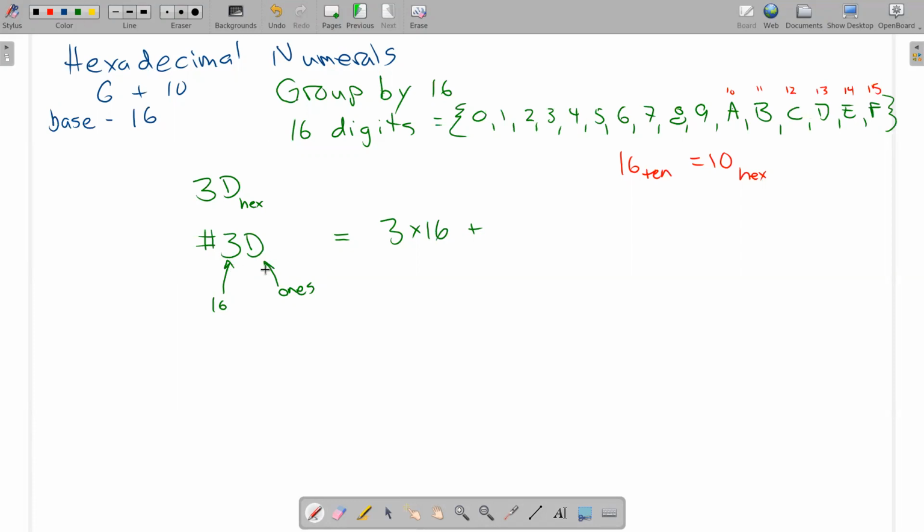So 3D in hexadecimal would be 3 16s and 13 1s. 3 16s is 48, plus 13: 8 and 3 is 11, 4, 5, 6. So 3D in hex is 61 in base 10.